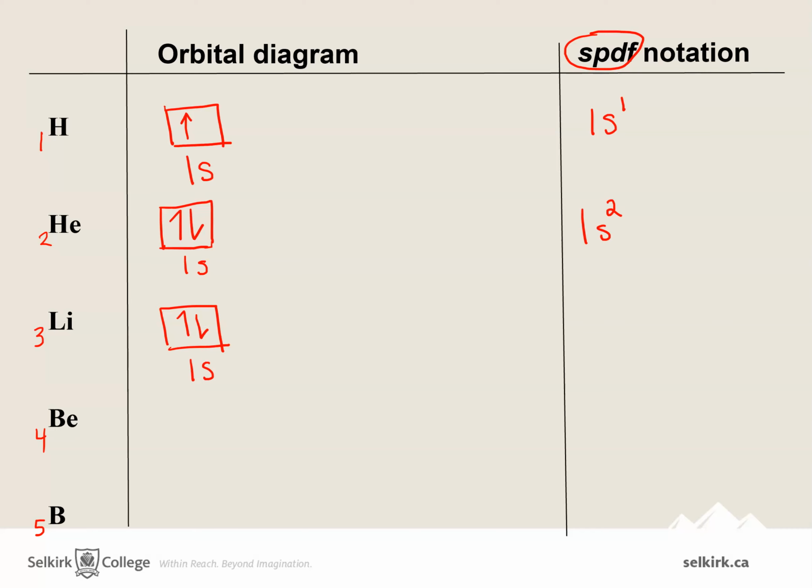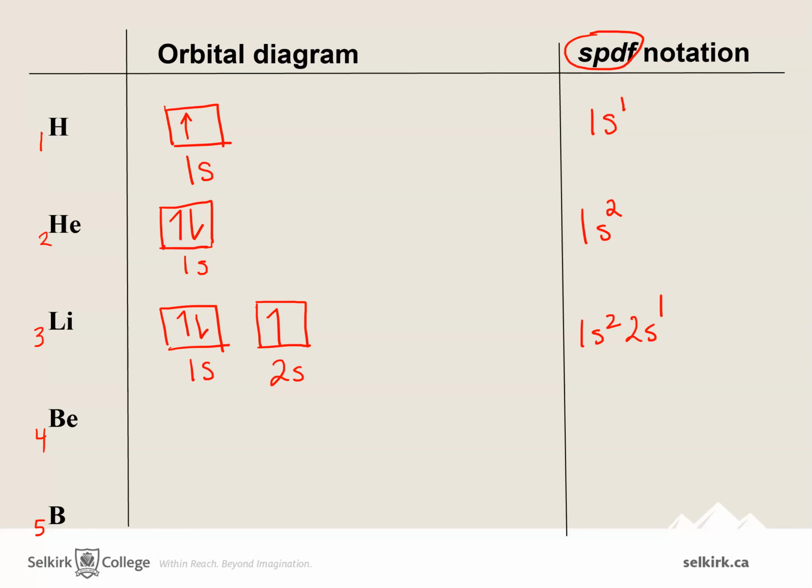So now I need to show the next orbital, and following the order that we showed on a couple of slides ago, the next energy orbital is the 2s. So the 3rd electron in lithium goes in the 2s. I don't care if it's spin up or spin down, it doesn't matter at all. The SPDF notation: 1s2, 2s1.